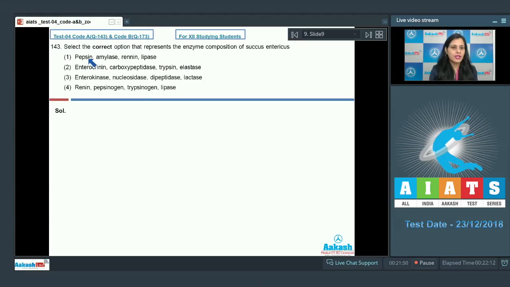Question number 143. Select the correct option that represents the enzyme composition of Succus entericus.